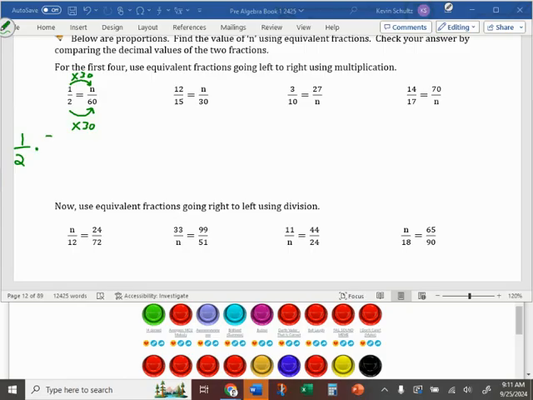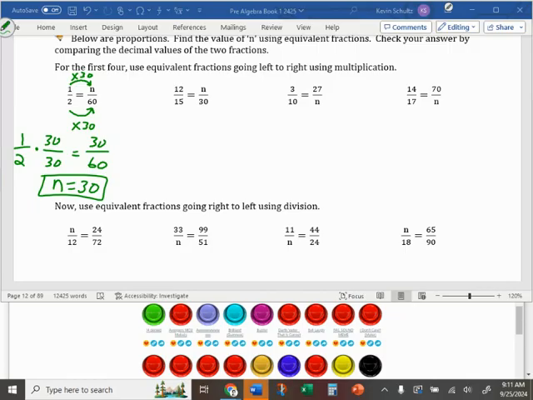If we have 1/2 and we multiply that by 30 over 30, we are going to get 30 over 60, right? Using that scale factor with equivalent fractions. So 1 times 30 equals 30, therefore n equals 30. Okay? Using equivalent fractions to solve for a variable.